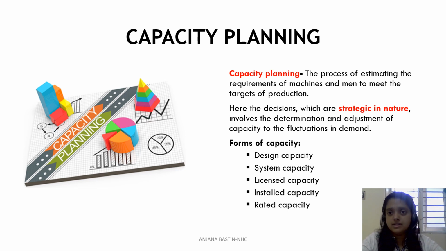System capacity is the maximum production which is possible by using the existing men and machines. For example, if my demand is 50 units for this pen pencil this month, with my machine I can produce 50 units. But say next month it has increased, I foresee a demand of 100 units.